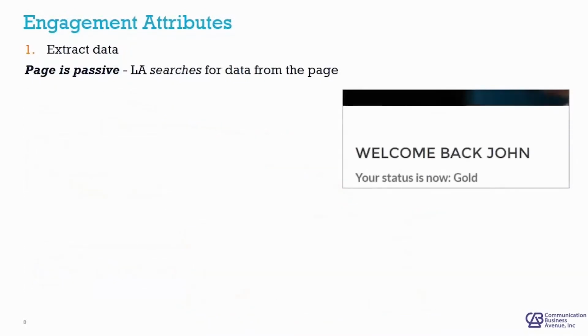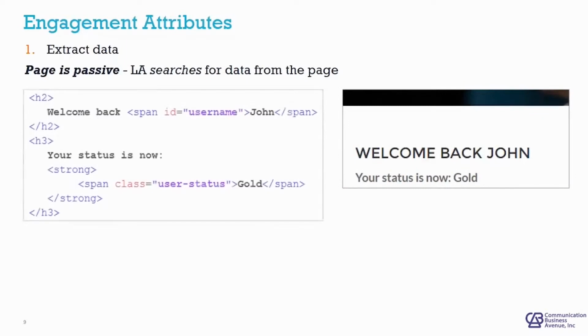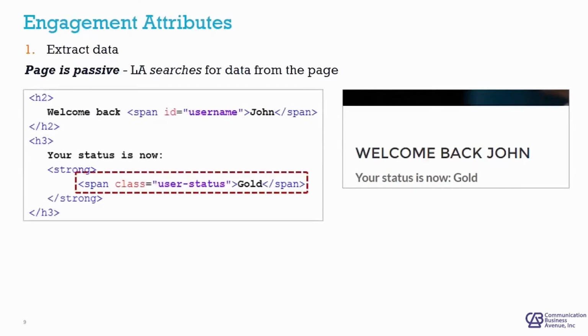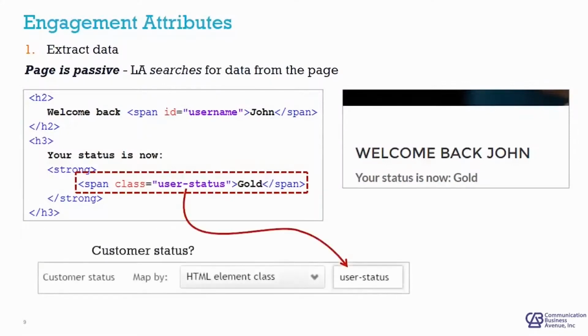For example, say we have a section on our page that greets the user and also reminds them of their status. Now, the markup may look something like this. Notice how the status is included in a span. So we can track it by having Live Assist look for an element with the class of user status. By the way, if using HTML classes, you'll want to ensure that the class is only used once on the page, else Live Assist will just pick the first element it finds with that class.